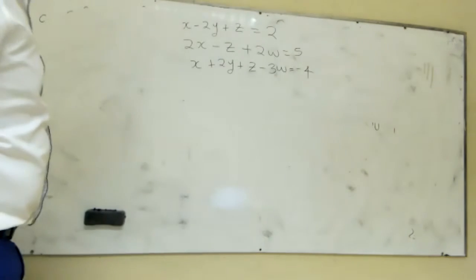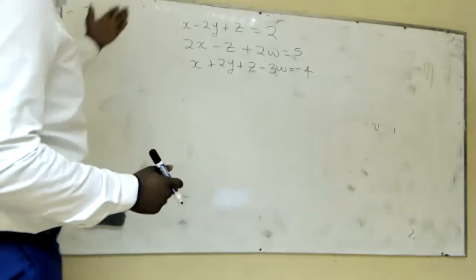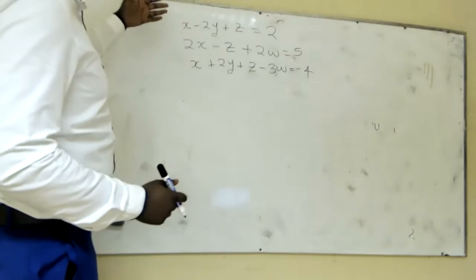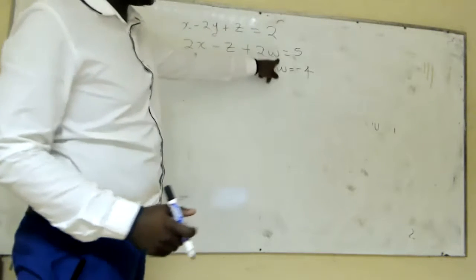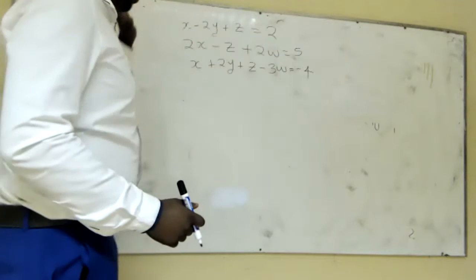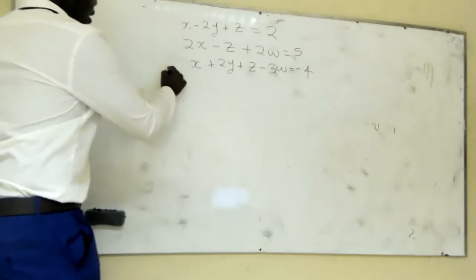Okay, a question on Gaussian elimination again. For sure, the main idea in this case is to get the value of x, y, z, and w. So we use the method we used last time.